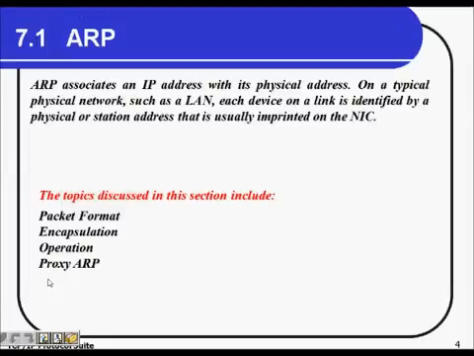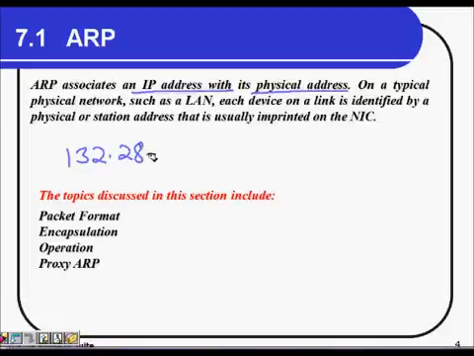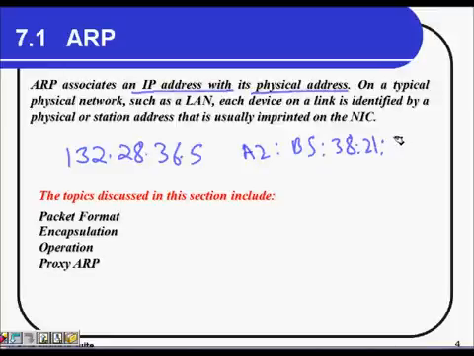First we will learn about ARP. ARP associates an IP address with its physical address. For example, there will be a table which tells that 132.28.36.5 has the physical address A2 B5 38 21 00 FF.